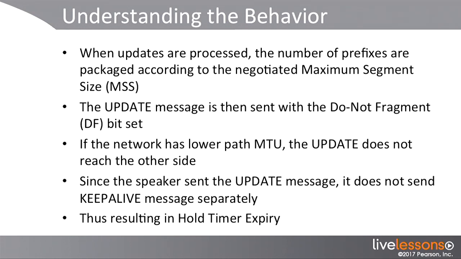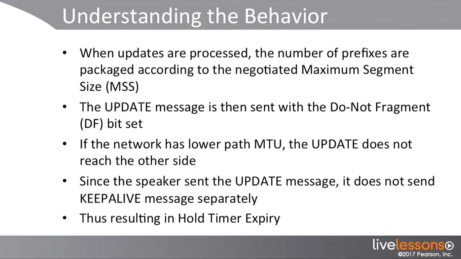The DF bit prevents the router from fragmenting those packets, so the packet is dropped and sent back towards the source that initiated it. And this is why, every 3 minutes or every few minutes based on your hold timer value, you will see a notification sent by the other side saying hold timer expired.